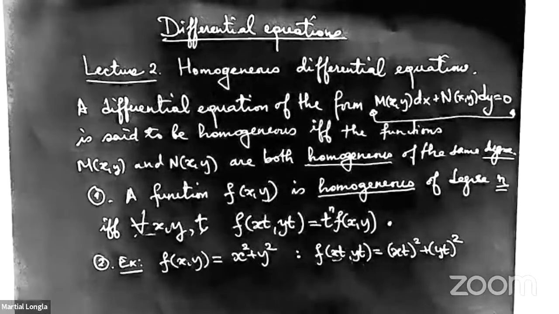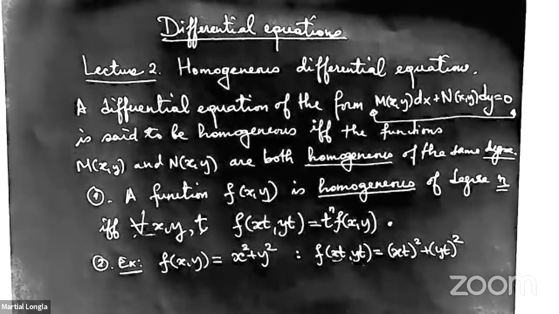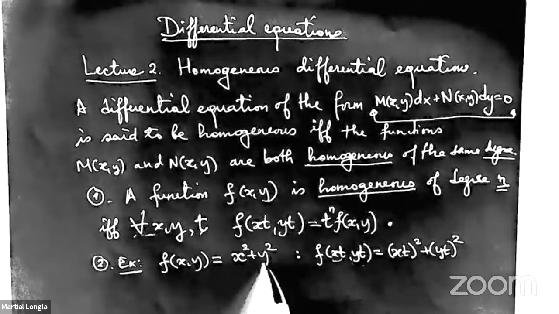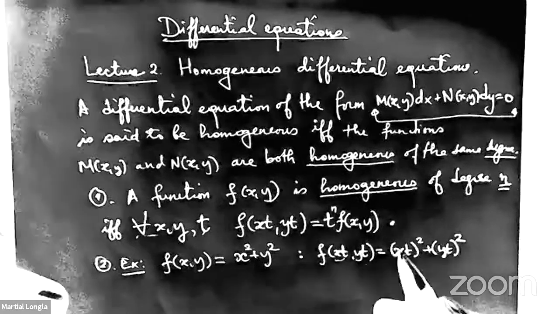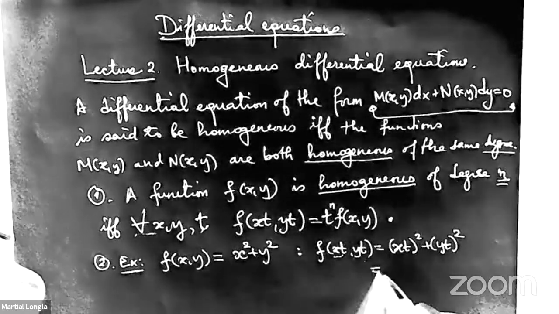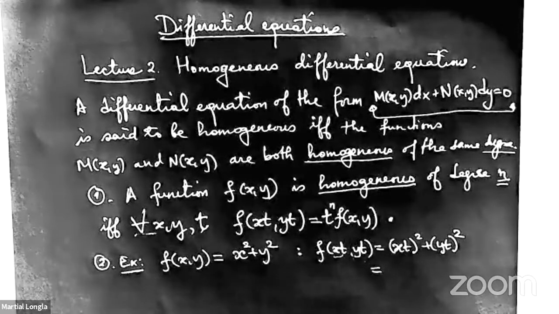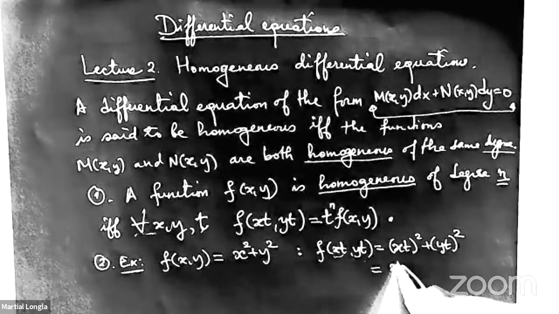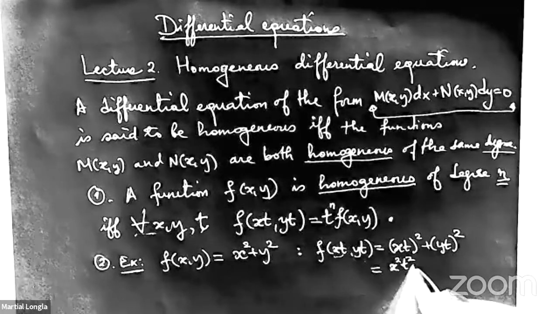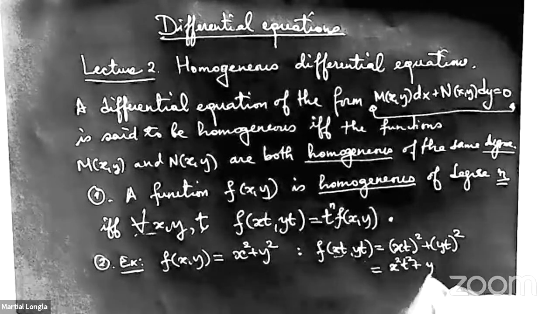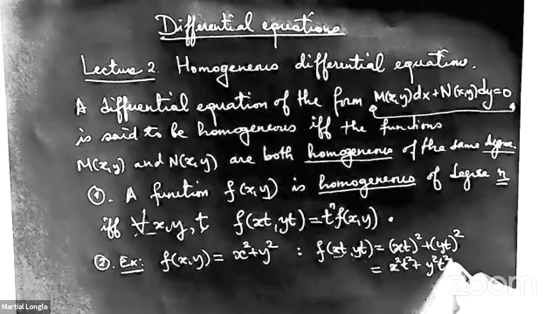So we go into the function and we replace x by xt and y by yt, and we compute this to see if we can factor out a power of t. Here, this is x²t² + y²t².